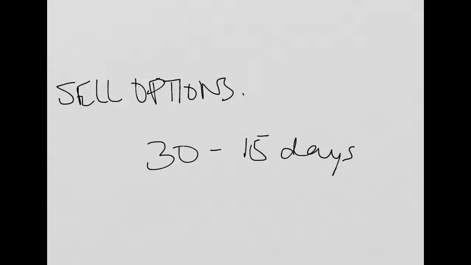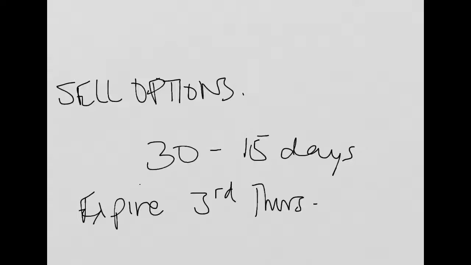Options expire every third Thursday of each month. So every third Thursday of every month is what they call an option cycle. So there's 12 cycles a year.